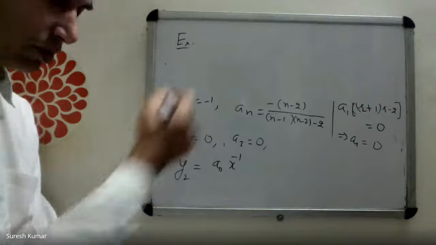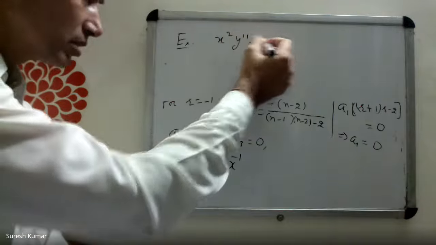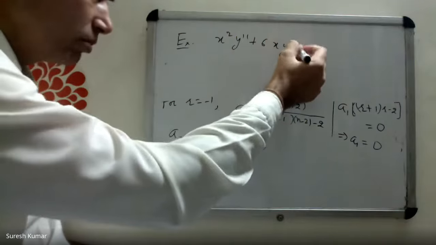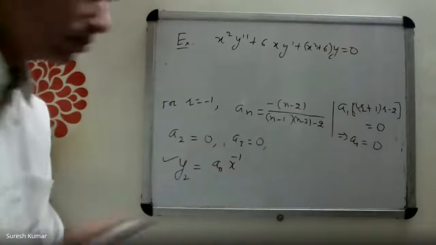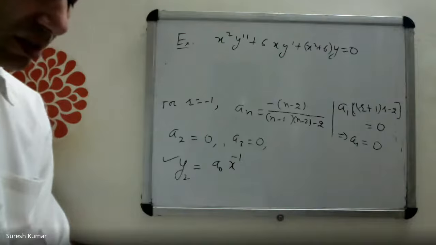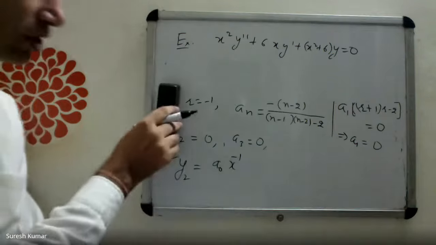See this example now. x square y double prime plus 6xy prime plus (x square plus 6) y equal to 0. First see whether x equal to 0 is a regular singular point. It should be.